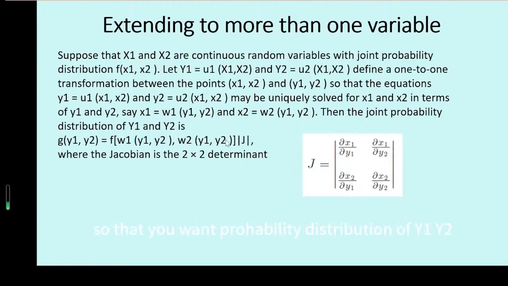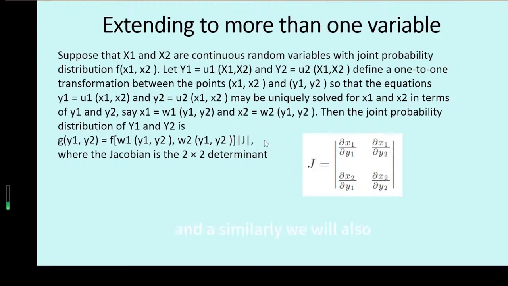So the joint probability distribution of y1, y2 can be obtained from the distribution f. Here f is the joint distribution of x1, x2, but we just fill in the inverse expressions w1, w2 in terms of y1 and y2 in the brackets.